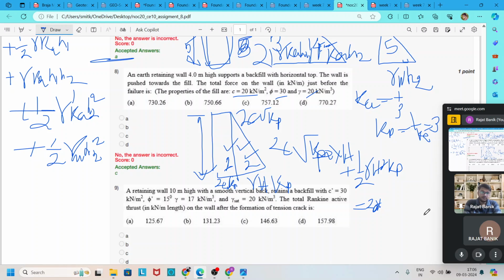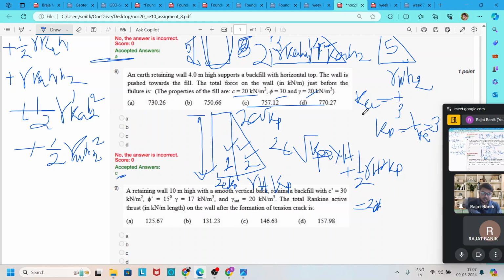The height is 4 meter, plus 0.5 into gamma, which is given as 20 again, into 4 square, and kp. The answer is 757.12. So the correct option is option C.